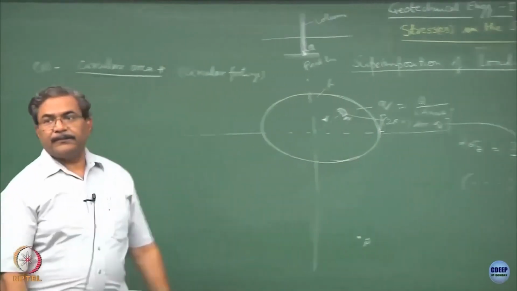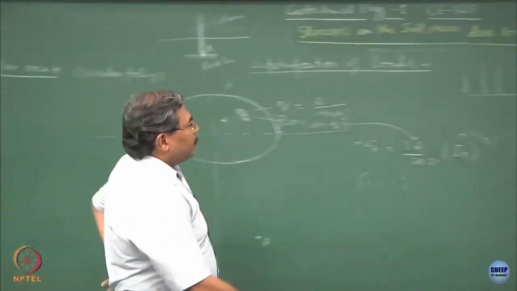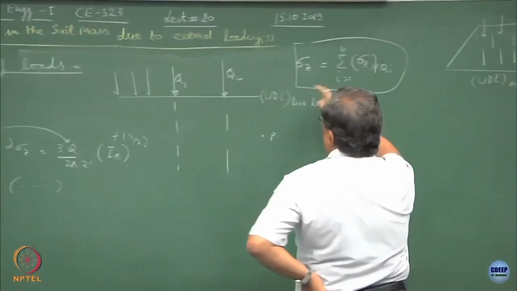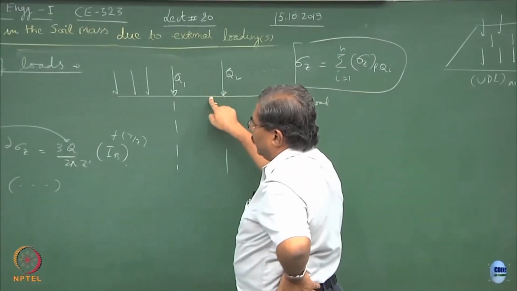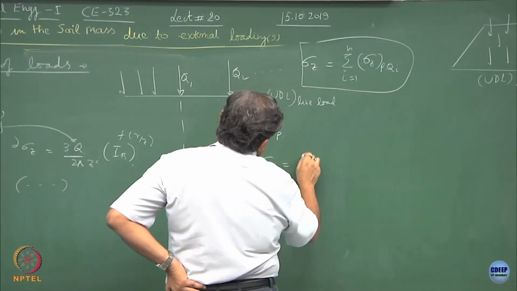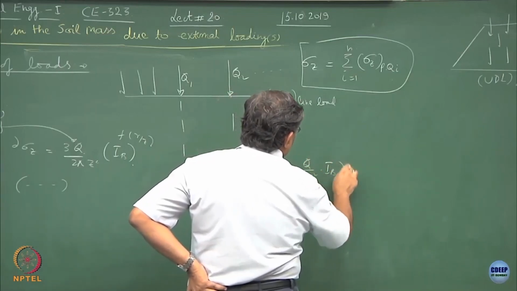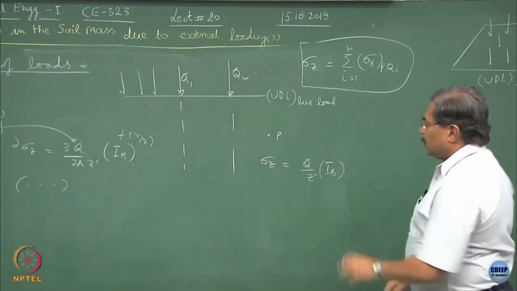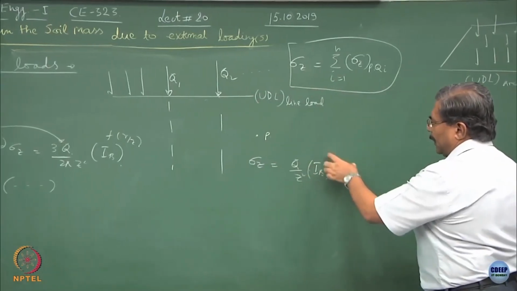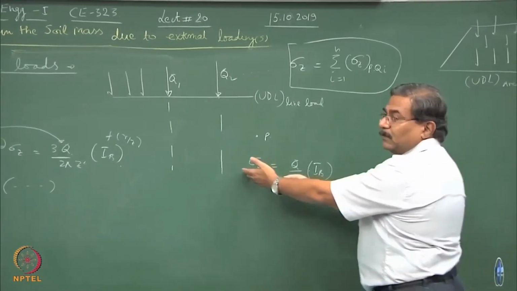Is this part clear? Fortunately, I hope you will realize the way we assumed IB in case of point loading. If you remember what we did, we simply said sigma z equal to q upon z square into IB. So, for this term you can form a table, and that table you can always refer to for different r by z, and you get the values of sigma z.